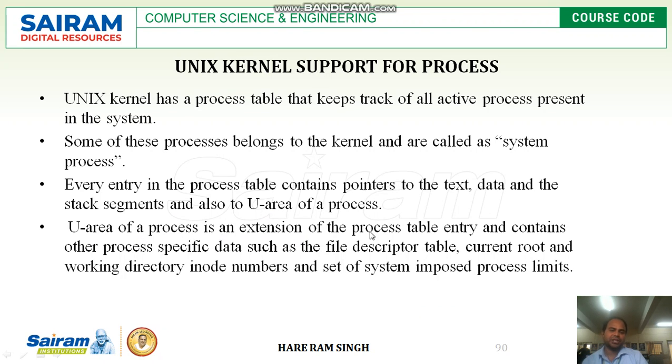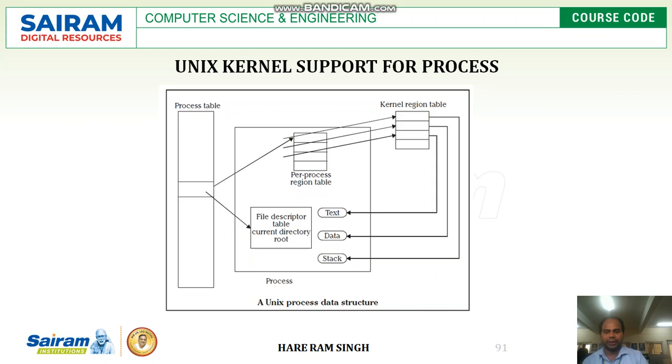The U area of a process is an extension of the process table entry and contains other process specific data such as the file descriptor table, current root and working directory inode numbers, and a set of system imposed process limits. So in the U area, the file descriptor table, current directory, and all that information will be available.